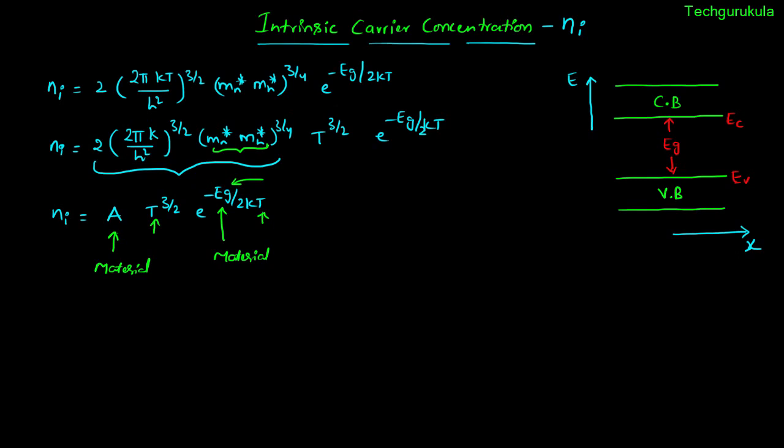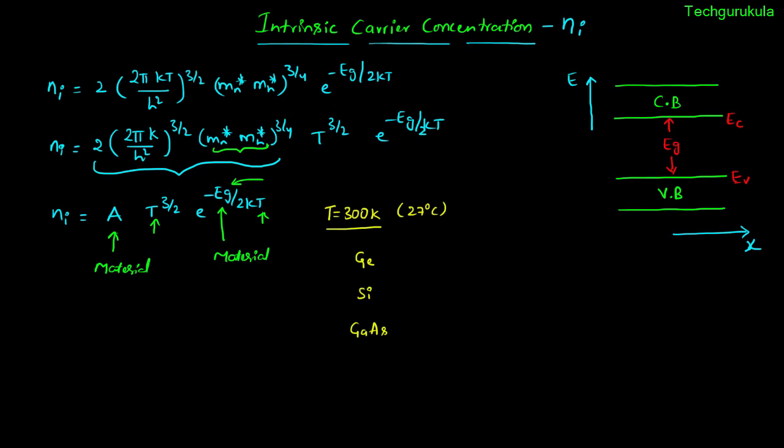I'm taking some examples to show you the importance of the energy band gap for a semiconductor. At room temperature, which is 300 Kelvin, which is 27 degrees centigrade, I'm going to take it for 3 different materials: one, germanium, second, silicon, and third, a compound semiconductor, gallium arsenide.